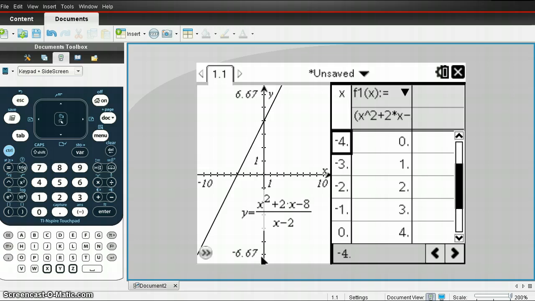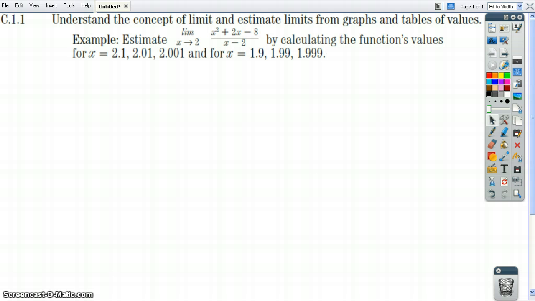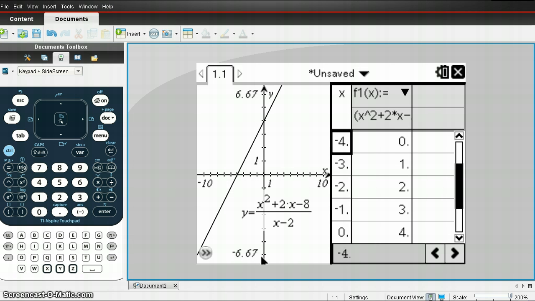So the function doesn't exist at 2, and yet the question we're looking at is actually trying to find the limit as x approaches 2. So we want to find out what the function is doing around 2, since it doesn't actually exist there. Alright, so I brought a table of values up to the right here, and I see at -4 we have 0, and -3 the value is 1, -2 the value is 2, so on and so forth.